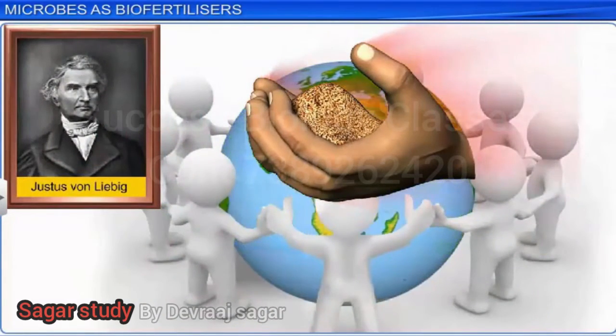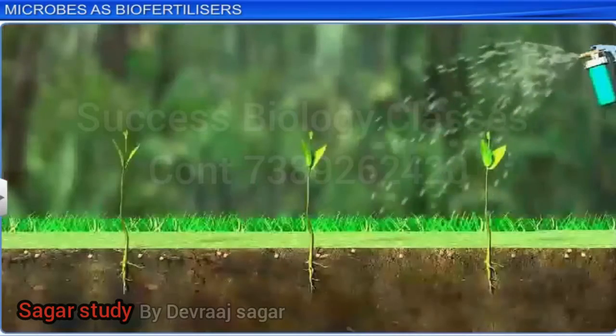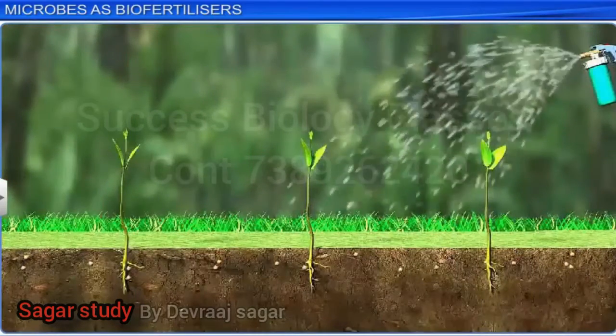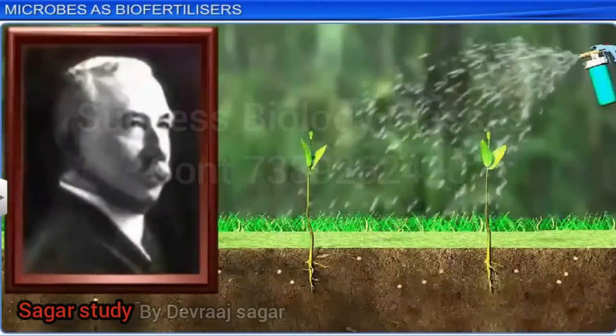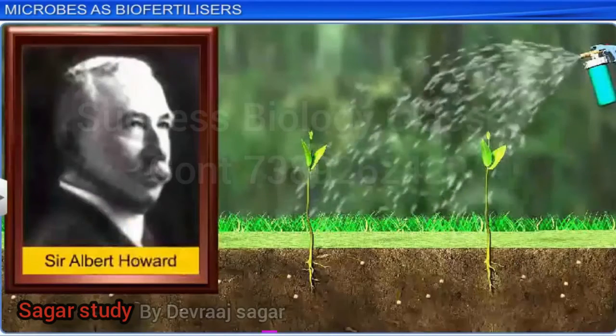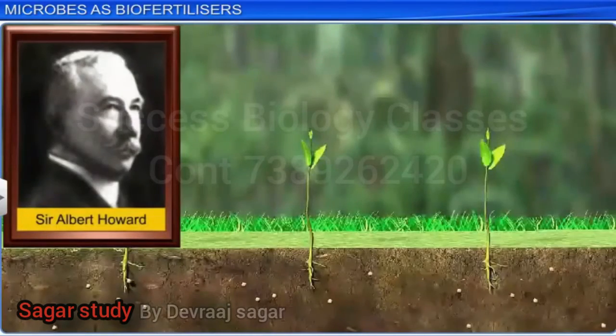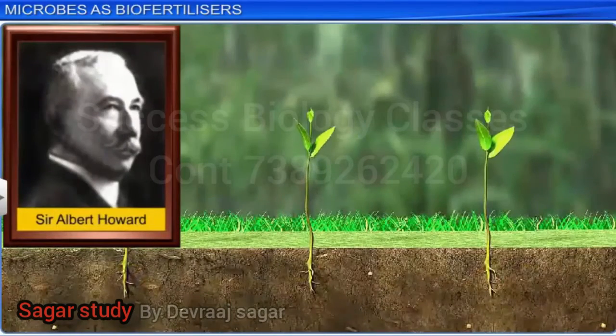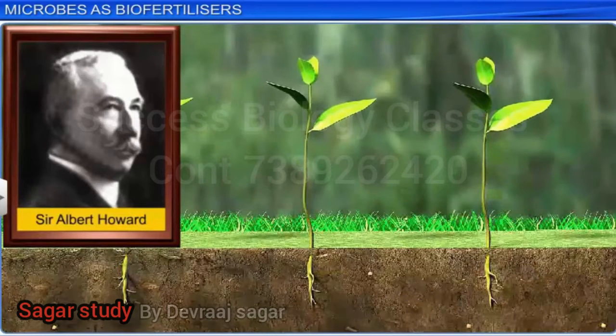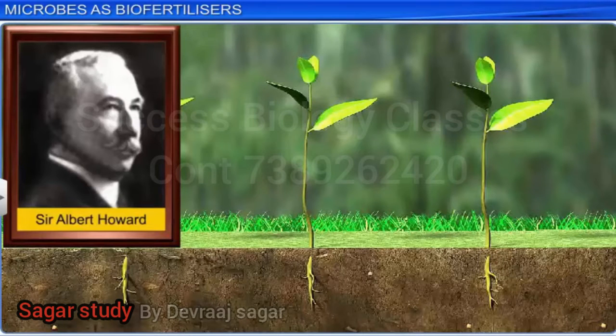Around the early 20th century, a British scientist, Sir Albert Howard, objected to the addition of chemicals to agricultural soil. He insisted that it was the health of the soil that determined the growth of plants. However, in his lifetime, he was ridiculed for his beliefs.